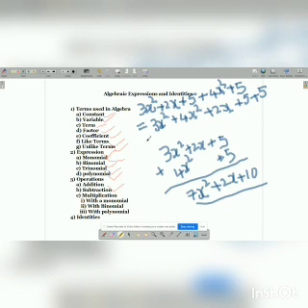So 3x square plus 4x square is 7x square plus 2x plus 5 plus 5 is 10. So this is the horizontal method of addition. I guess you're all clear with this.